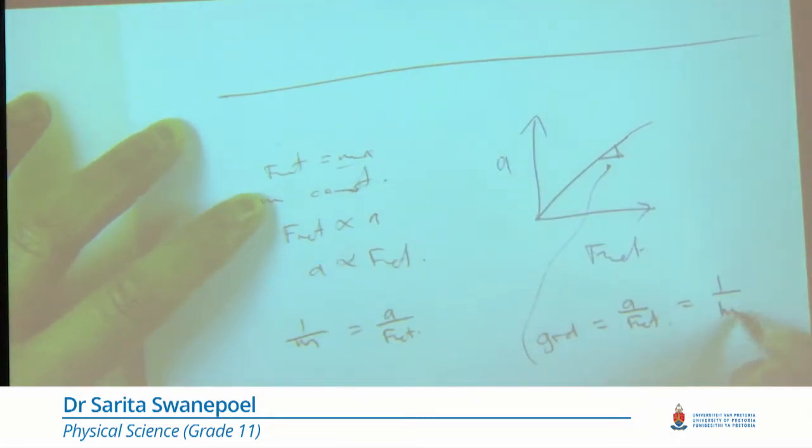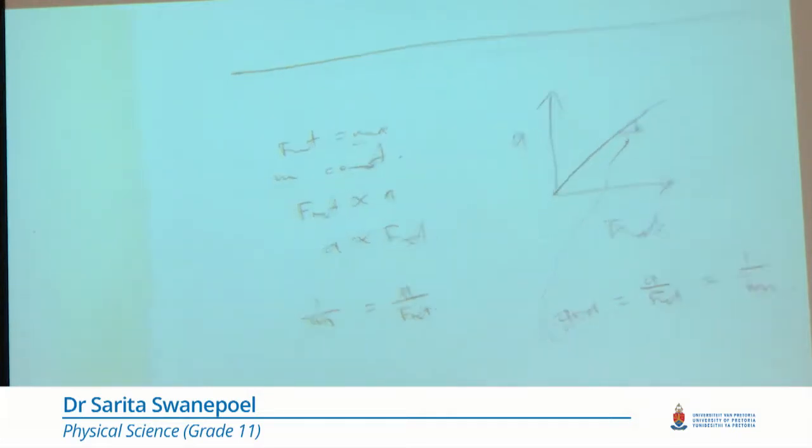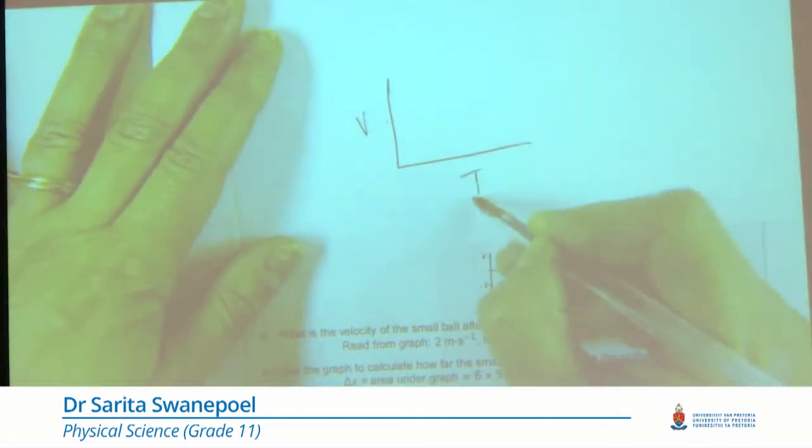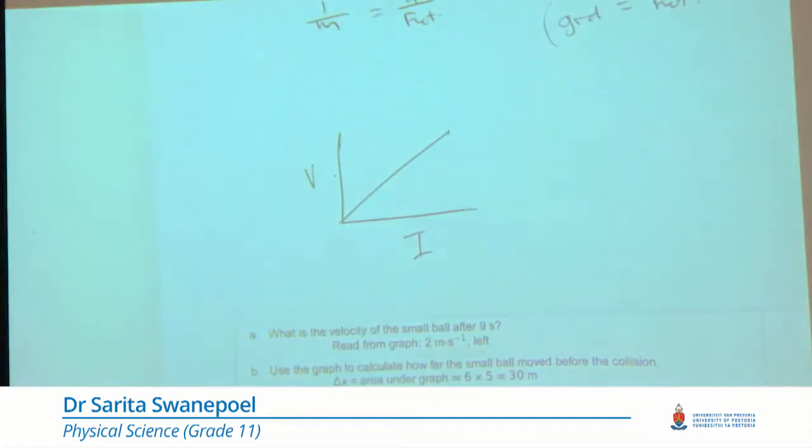1 over M. Right. So sometimes when we start out with graphs, especially in grade 10, when you do Ohm's law, we say, okay, we draw F against I, and you get that, and the teacher tells you, okay, so this is a straight line.